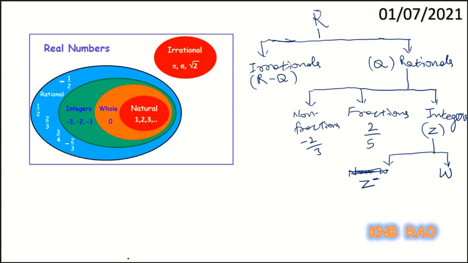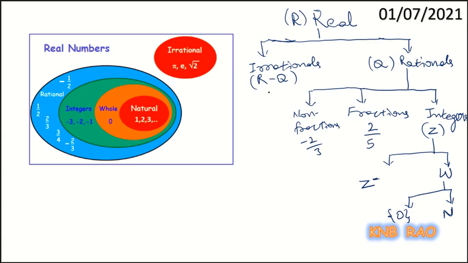Okay, negative integers. Now, this whole numbers is further subdivided into only 0, and natural numbers come as a separate set. So, this is the flow chart of real numbers, represented by the letter R.